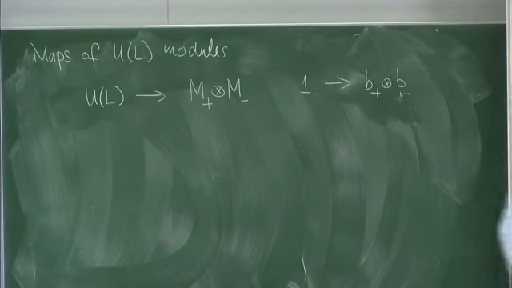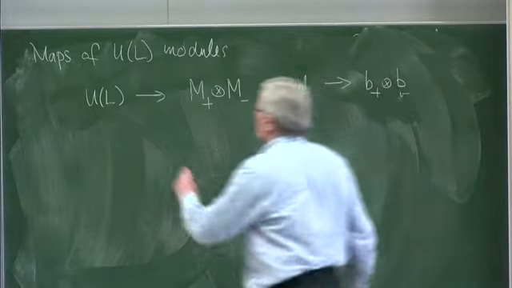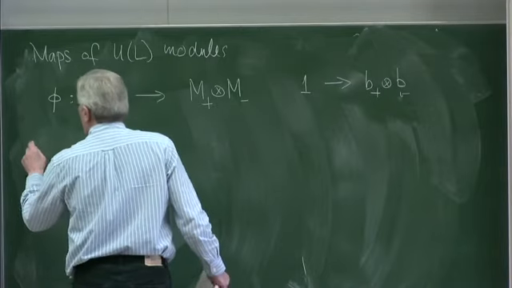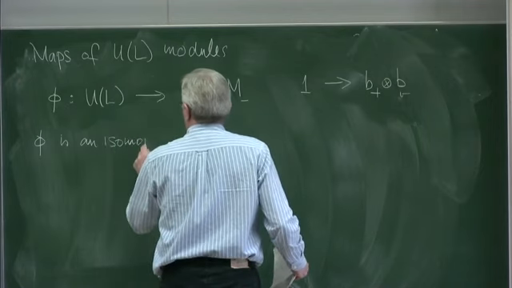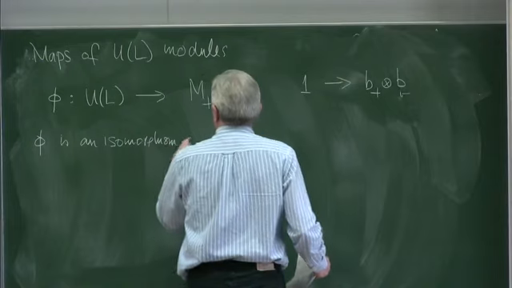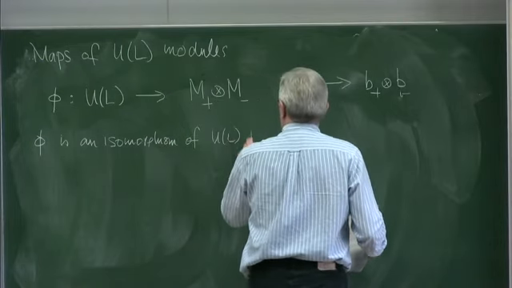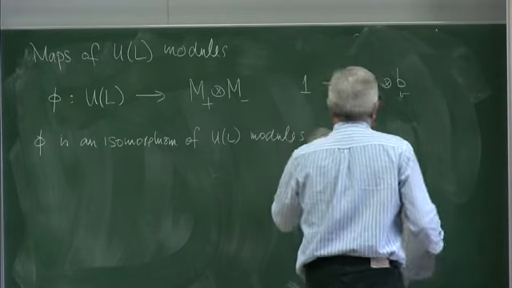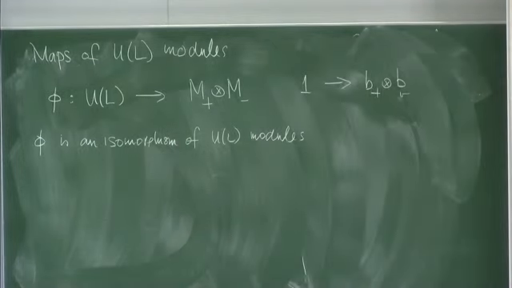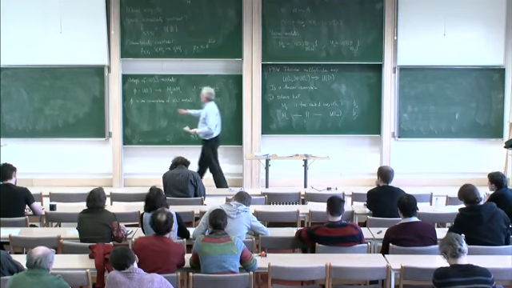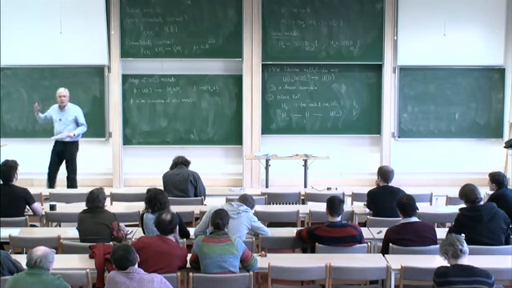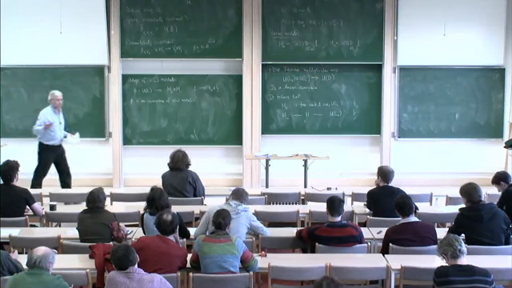B plus is the basis element in M plus, and B minus is the one in M minus. So this thing is called phi, and phi is an isomorphism of UD modules. So the first thing we've done is split the obvious representation of UD on itself into a tensor product of two representations.